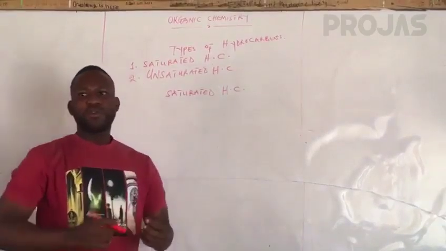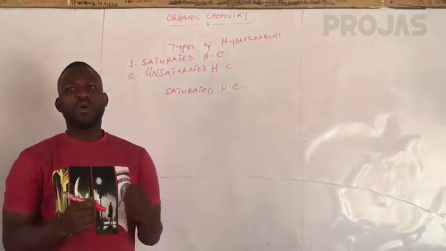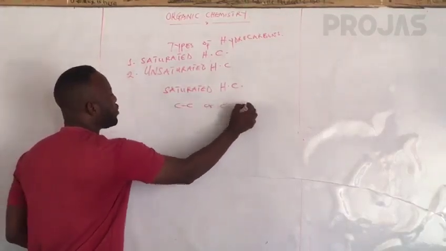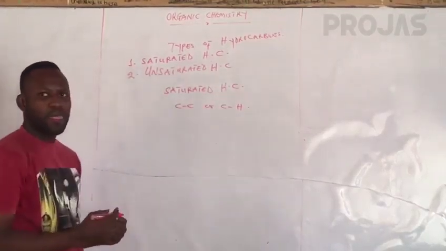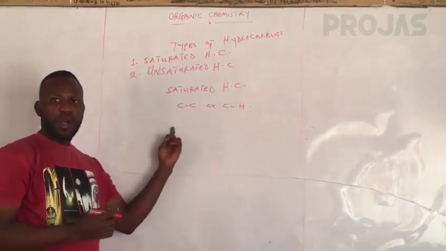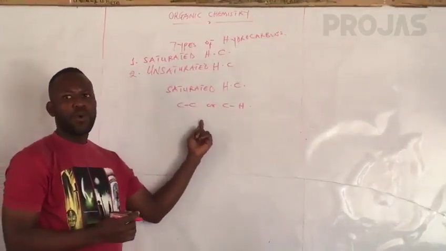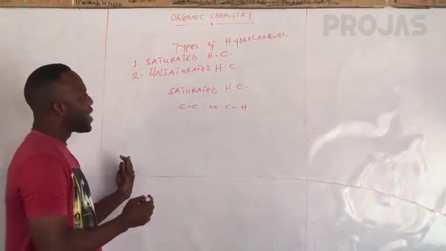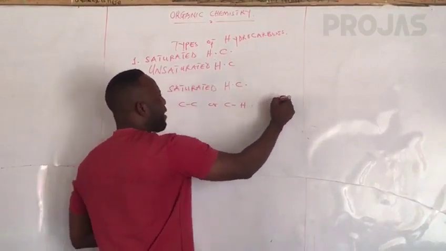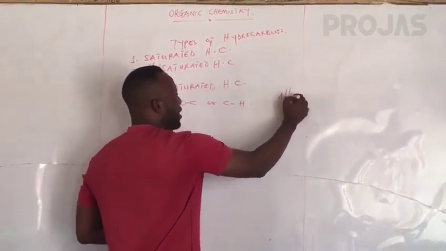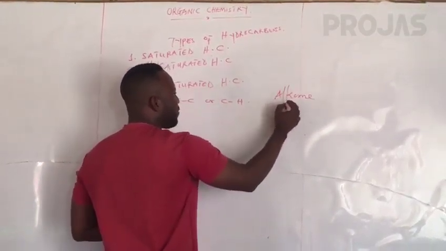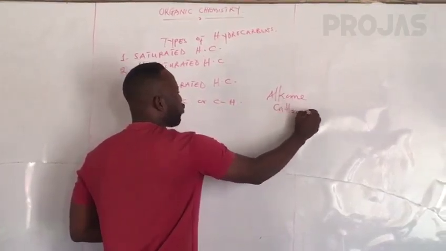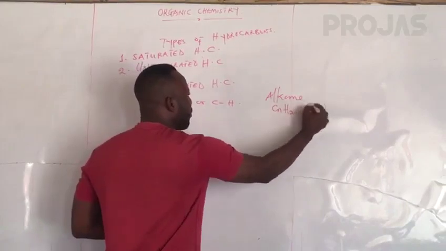Saturated hydrocarbons are the hydrocarbons that contain carbon to carbon or carbon to hydrogen single bonds. From our previous class, you realize the point where we wrote alkane, and we said they have the general molecular formula CnH2n+2, and they contain carbon to carbon single bonds.